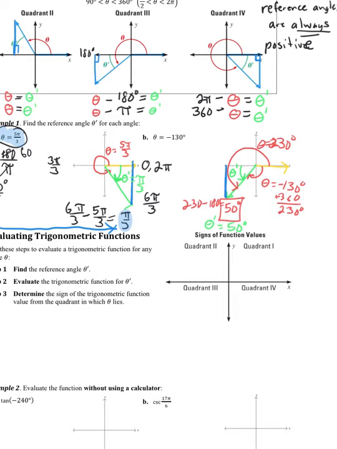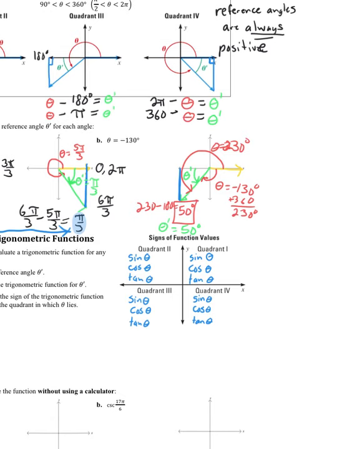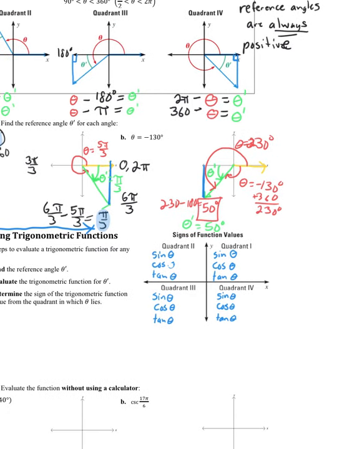Basically, in each quadrant, you're going to have sine of theta, cosine of theta, and tangent of theta. So we'll go ahead and write down sine, cosine, and tangent in each quadrant. I guess technically we'll do cosine and tangent in different colors here, just to help with color coordinating.